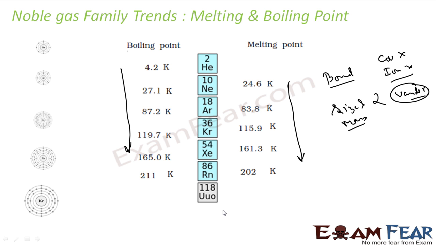Since in this case the only bond is due to van der Waals force, if you go down the group, the size and the mass of my atom increase, and thus my van der Waals force of attraction increases, and thus my melting point and boiling point increase, because more energy is required to break these bonds. Okay, so in case of noble gas, there is only van der Waals force of attraction.